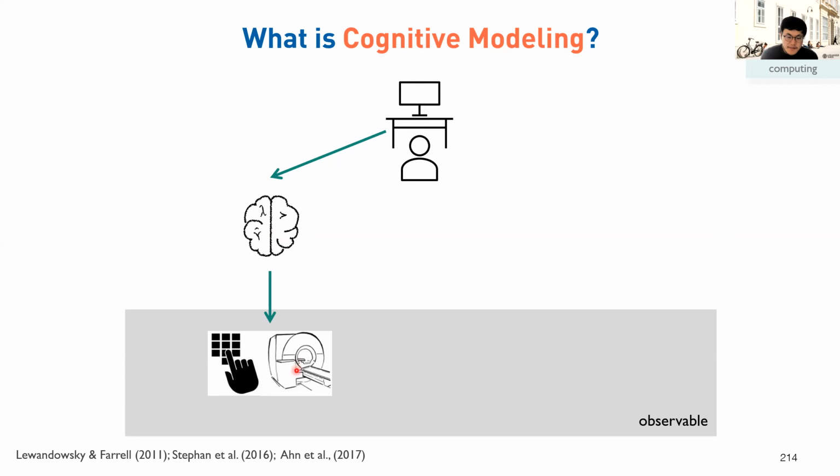So what we do is we use those behavior data and also the neuron data to try to understand what might be going on when the participant is doing this kind of task, for example, a learning task, a memory task. And we use this information to back infer what might be going on.